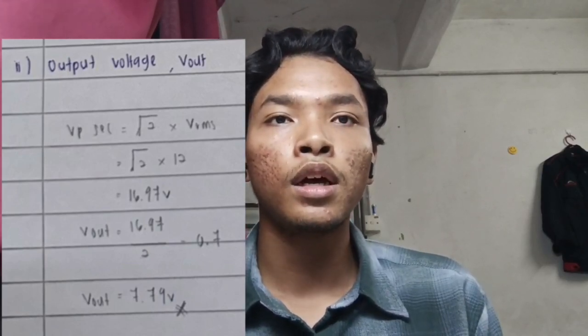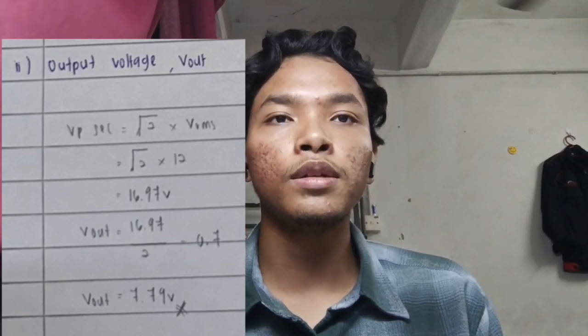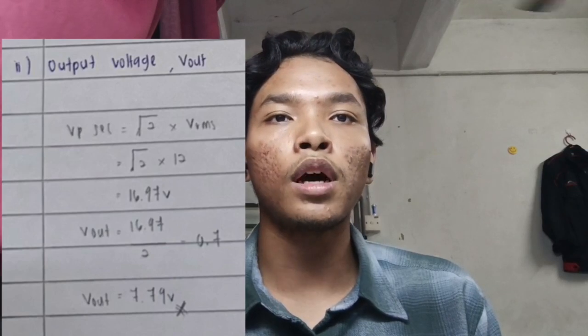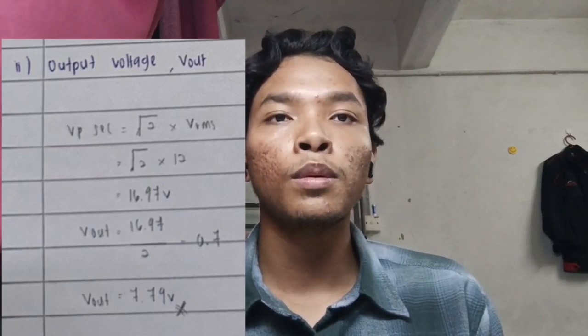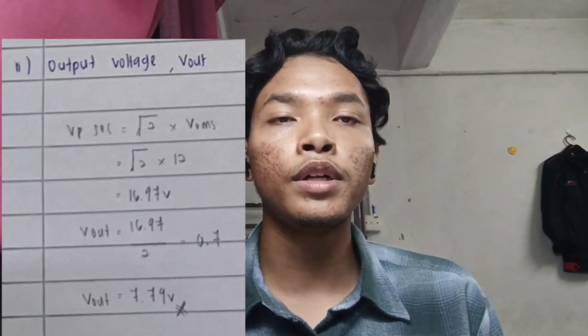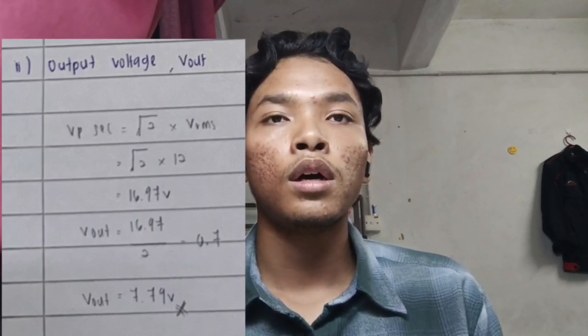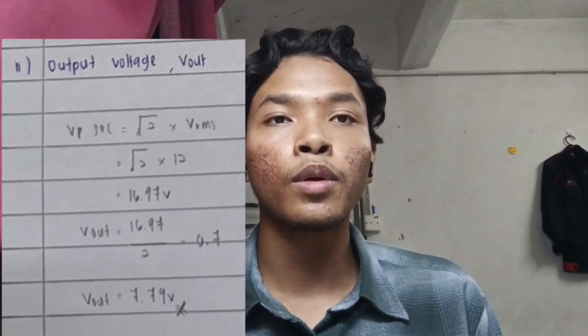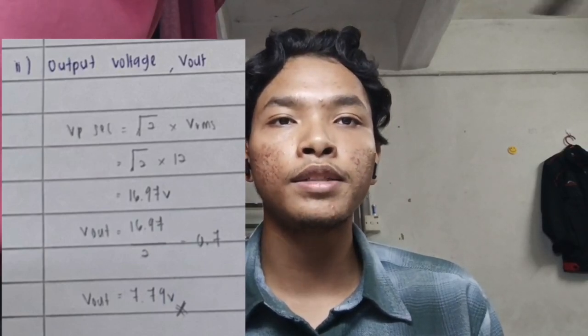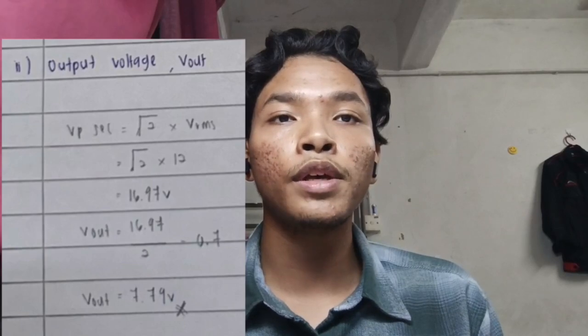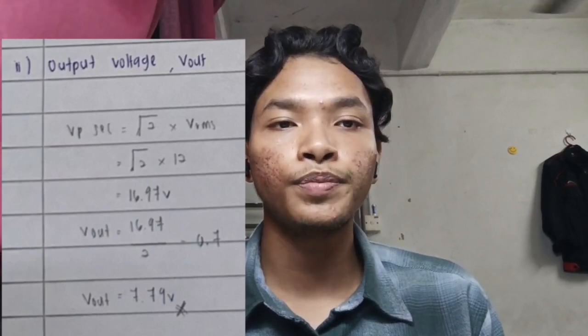The answer is 16.97 volt. So Vout equals 16.97 per 2 minus 0.7. The final answer is 7.79 volt. So now let's move on to question number 3.